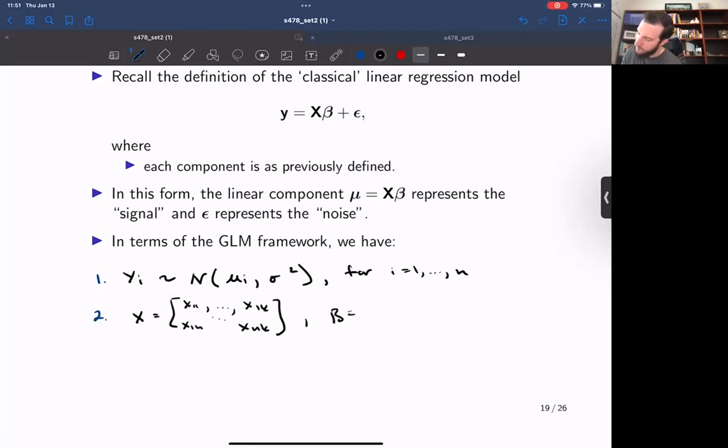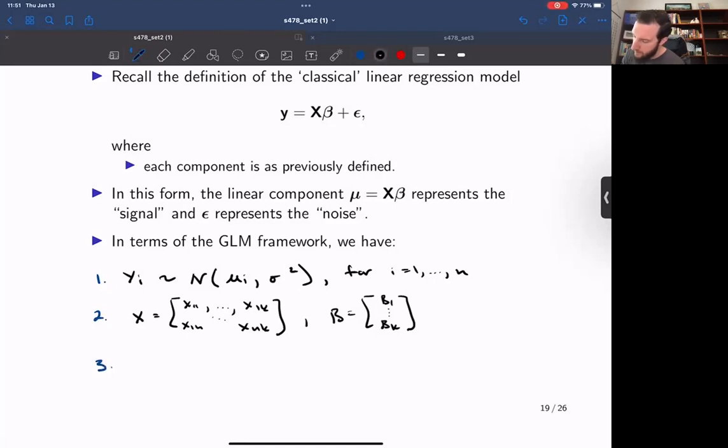And the beta will be the vector of model parameters, beta 1 through beta k. And then we can also include an intercept term if we were interested. So we could put beta 0, and then we just need a leading column of 1s in the design matrix X. But for illustrative purposes, it doesn't matter.